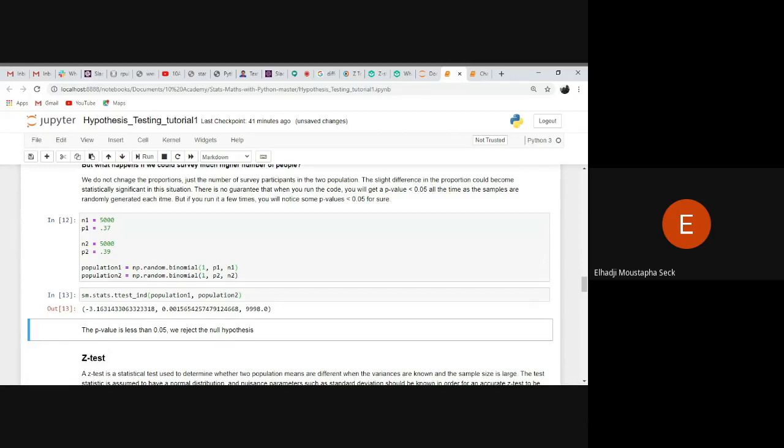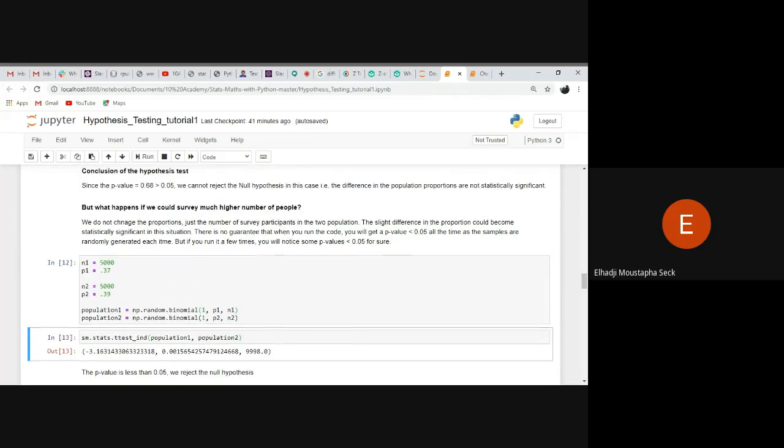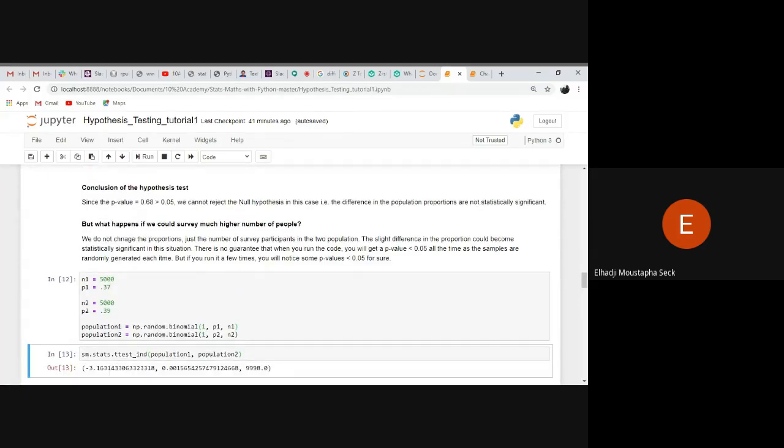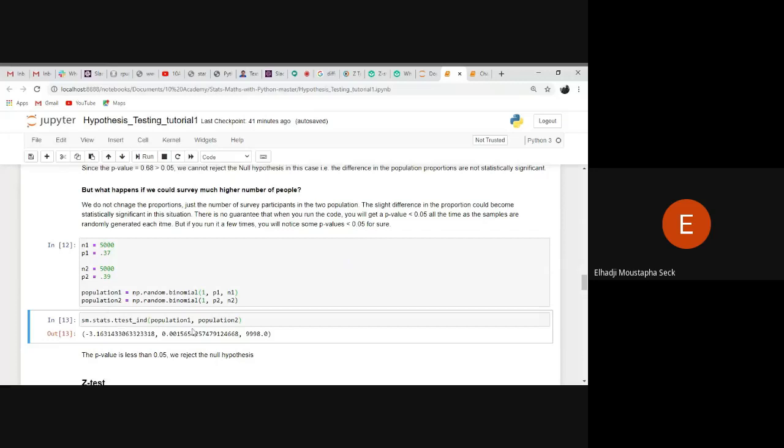Here you see that now the p-value is really less than 0.05. That means that we have to reject the null hypothesis. Why have I done this? With the same example, when I increase the number of elements, the p-value becomes smaller, and I have to reject the null hypothesis.